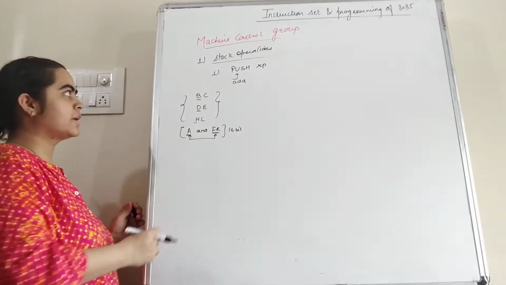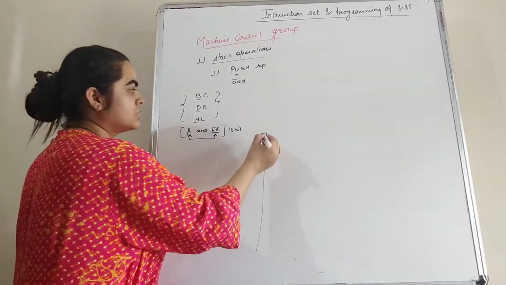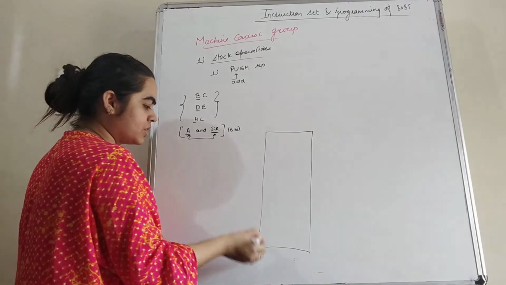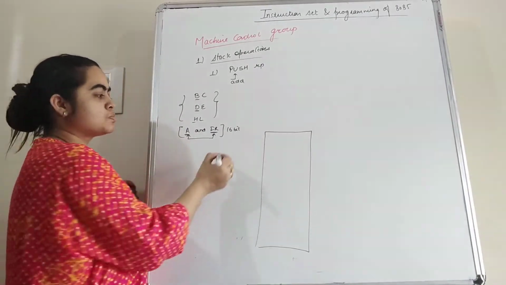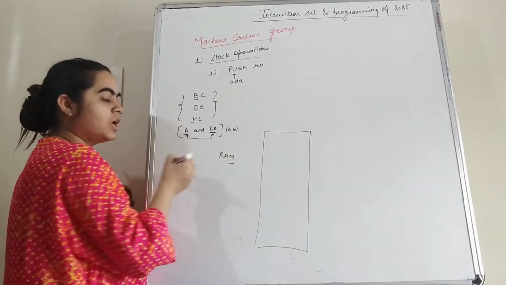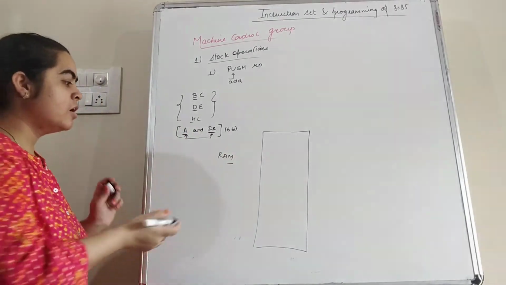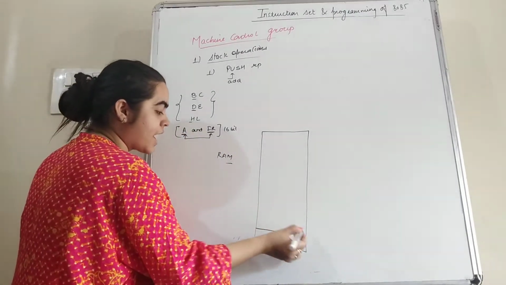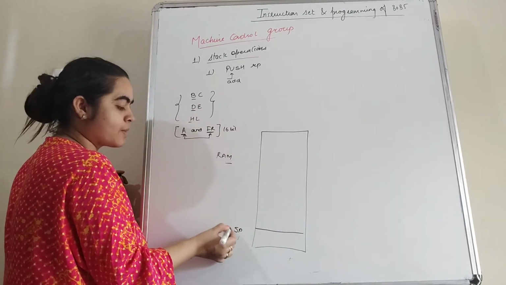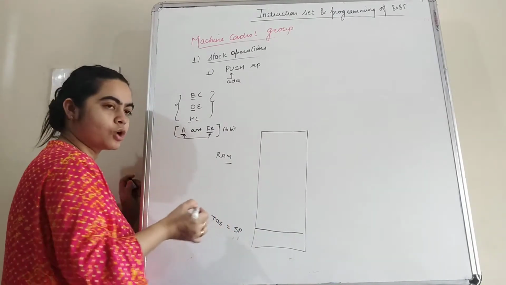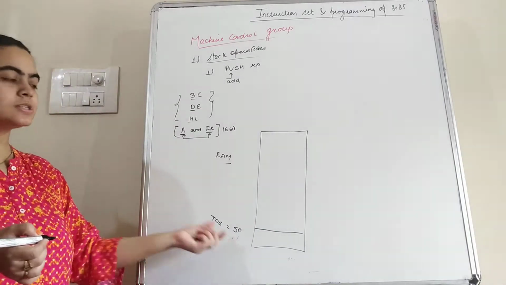Now students, we can see the stack memory. For example, this is the stack memory which is present in the RAM. Some area of the RAM we can consider as the stack area, where the top of the stack is known as the stack pointer. So either we call it the top of the stack or the stack pointer.